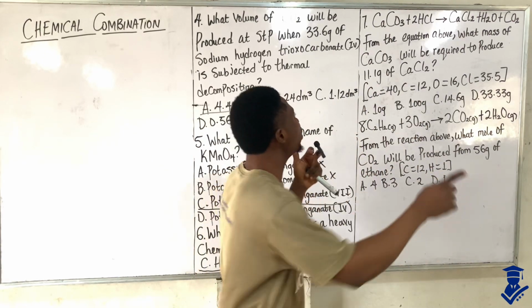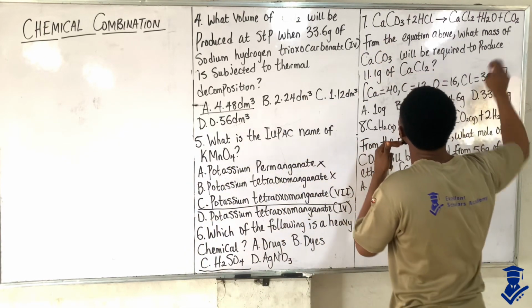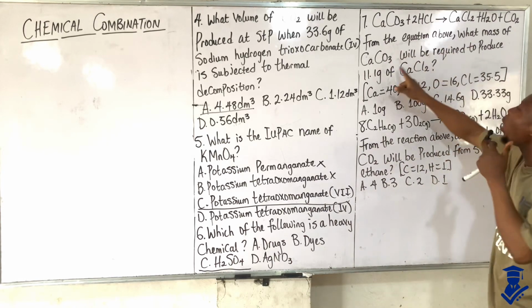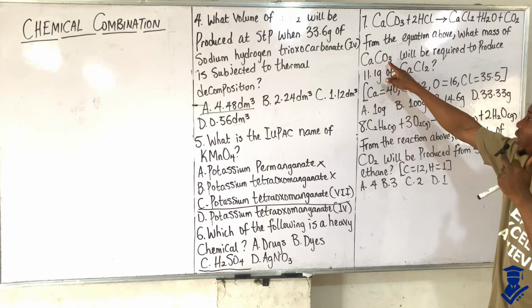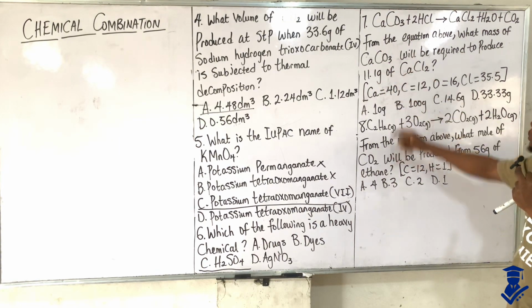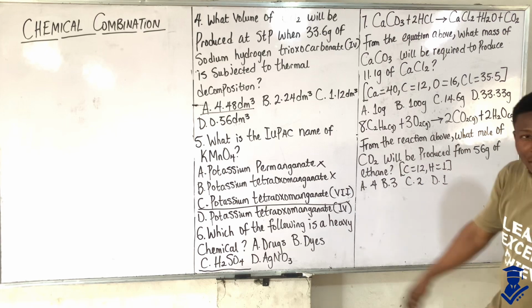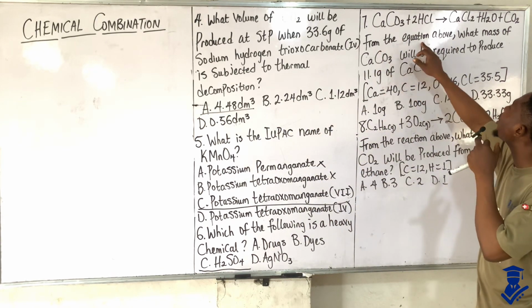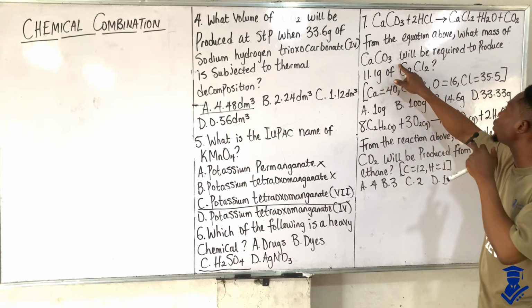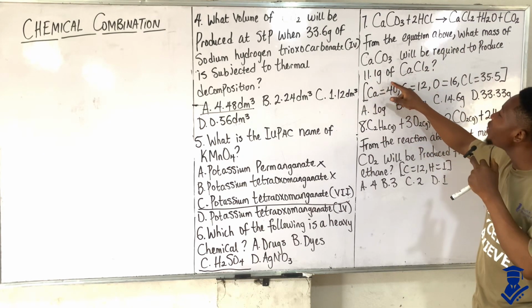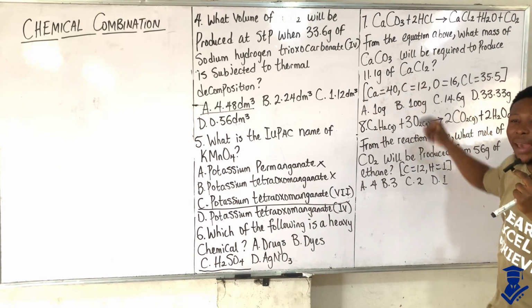Now the next question gives us a chemical reaction, and they said from the equation above, what mass of CaCO3, that's calcium trioxocarbonate(IV), will be required to produce 11.1 gram of CaCl2.